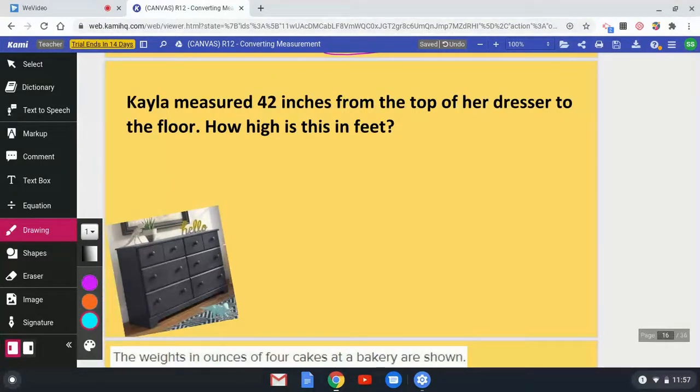Kayla measured 42 inches from the top of her dresser to the floor. How high is this in feet? So 42 inches, and I want to go to feet. And I know that there are how many inches in a foot? 1 foot equals 12 inches.